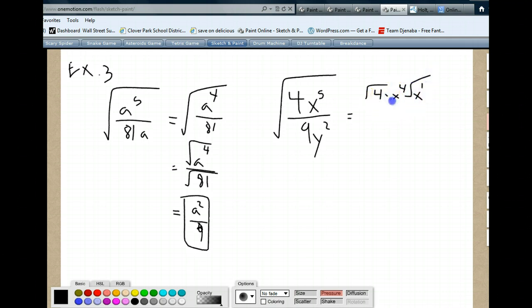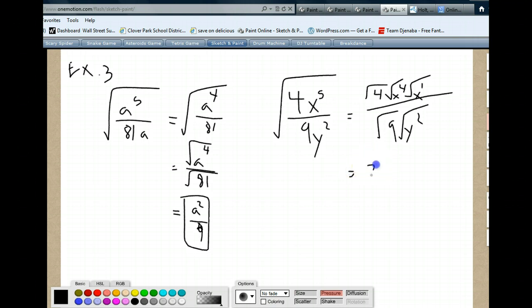That's a funky looking radical symbol. All over square root 9, square root y squared. Okay, now apply the square roots.